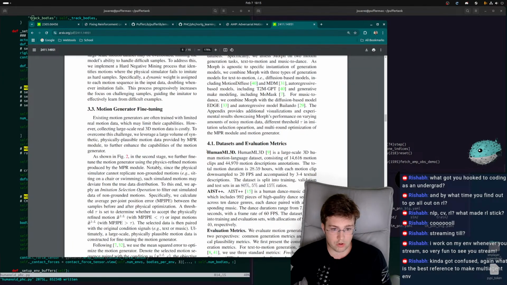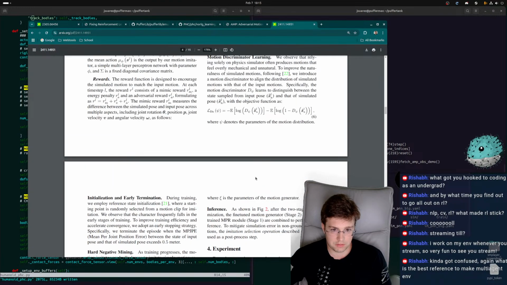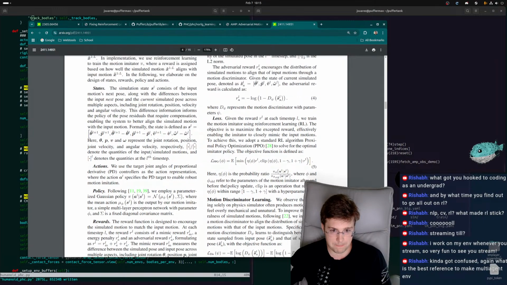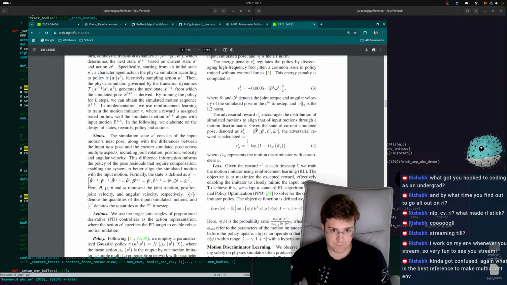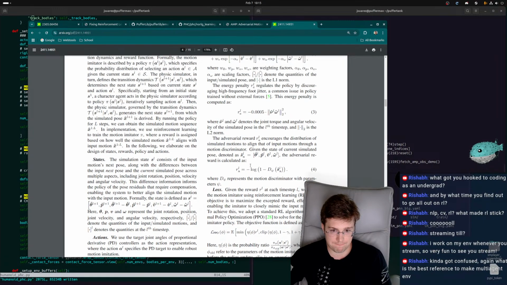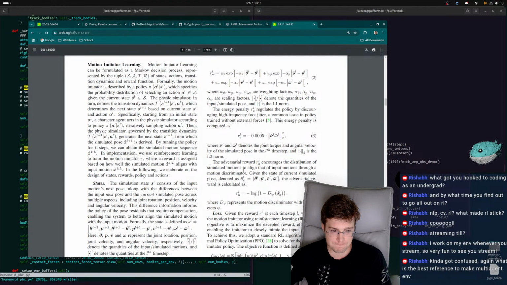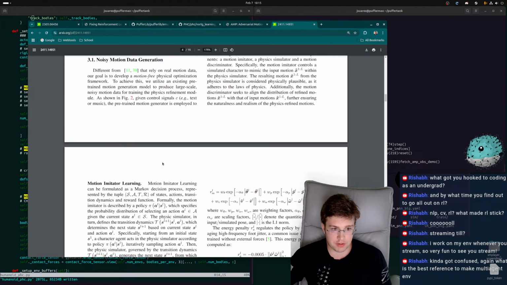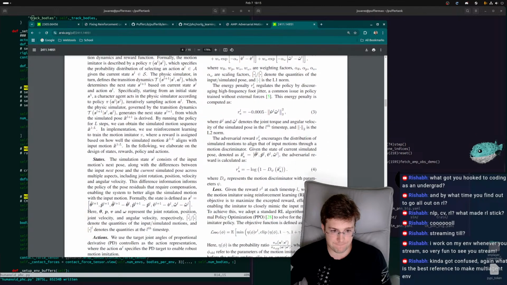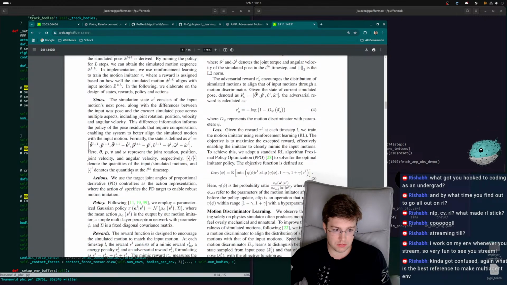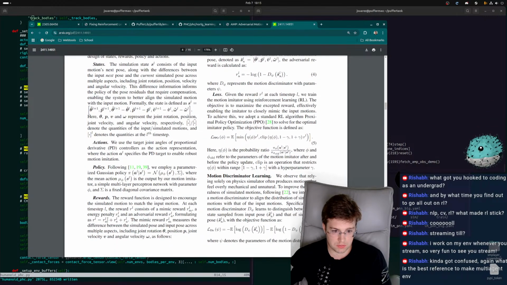The main thing I'm worried about here is we need this data. We need this data set. Where did the demos even come in at all? Simulated pose.